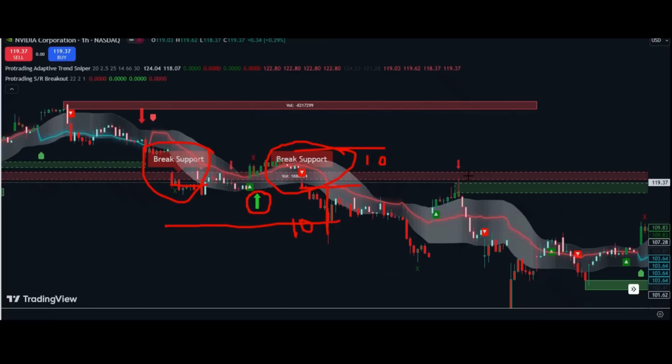Here again, you get another signal telling you to sell. So you enter this trade again because it's confirming with the main trend. This is the point where you place your stop loss, and this is the point where you open your trade.